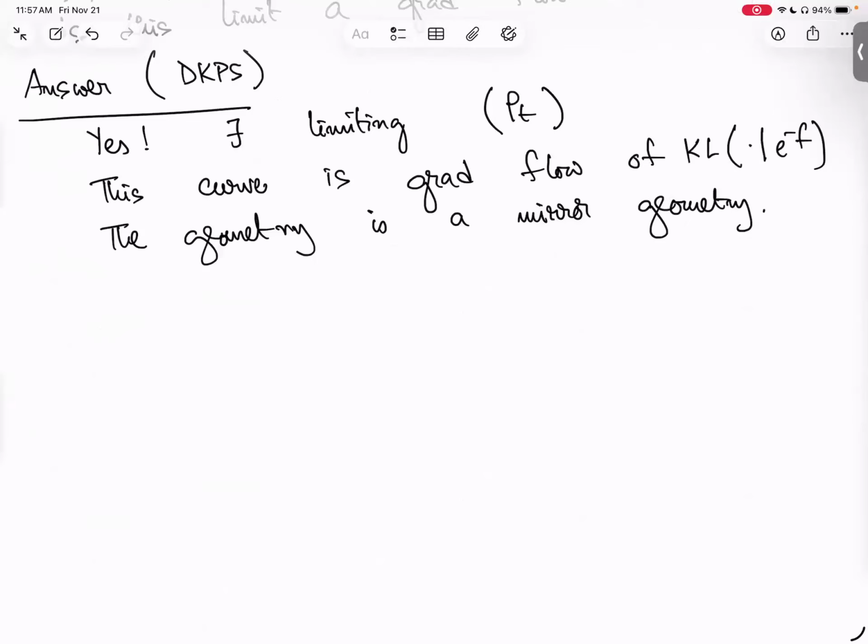Remember, e to the power minus f is my x marginal, and e to the power minus g is my y marginal. My Sinkhorn is trying to converge to these two marginals, e to the power minus f and e to the power minus g. Now take any rho in P2 of R^d.